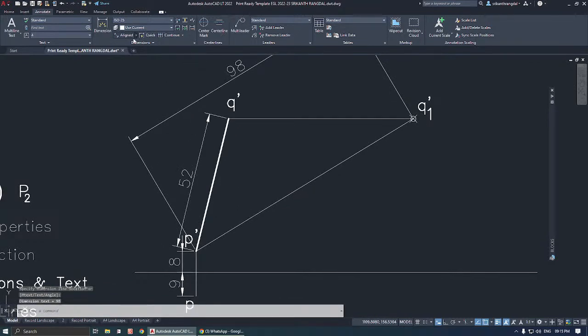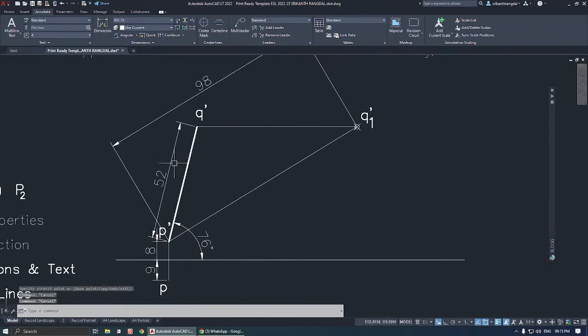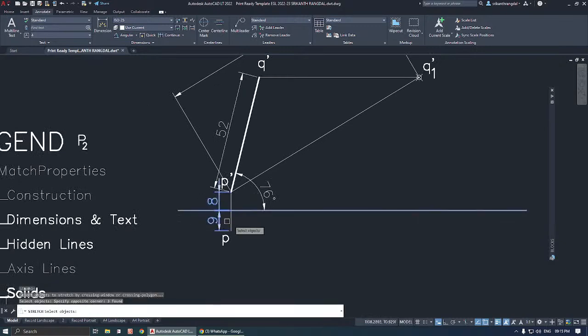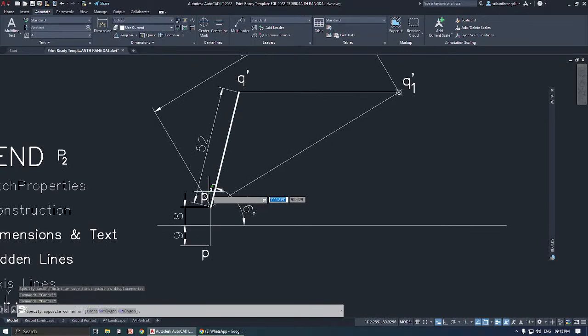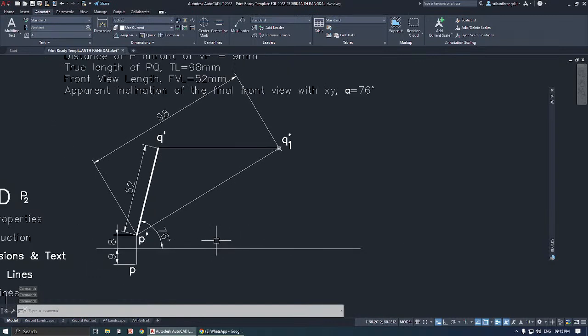Then inclination of the front view is given. Okay. So let's move this a little to the side like this. So this is the data that is given to us. Try to keep these texts at places where they don't overlap with anything else. So now this information must be used to complete the remaining diagram.